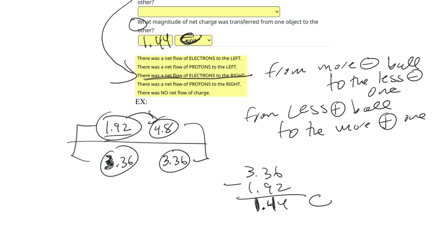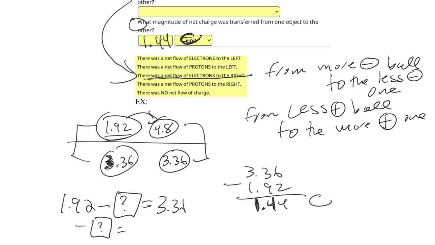So again, 1.92, the less positive one, gave off what to become negative 3.36? It gave off 1.44 coulombs. So you could do it this way: 1.92 minus what equals 3.36. So negative question mark equals 3.36 minus 1.92.